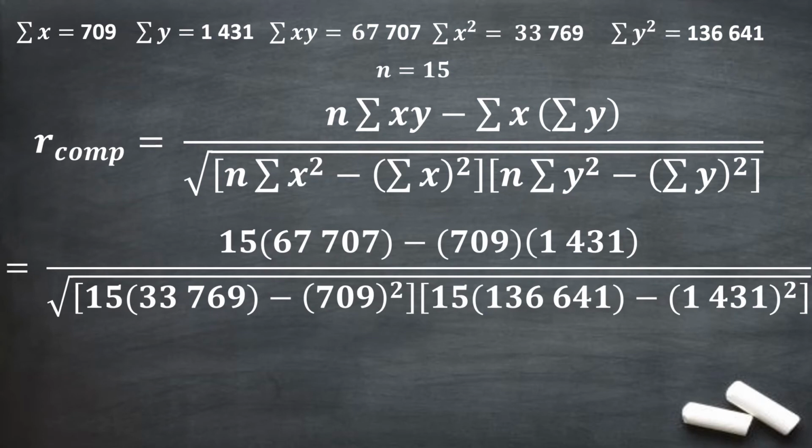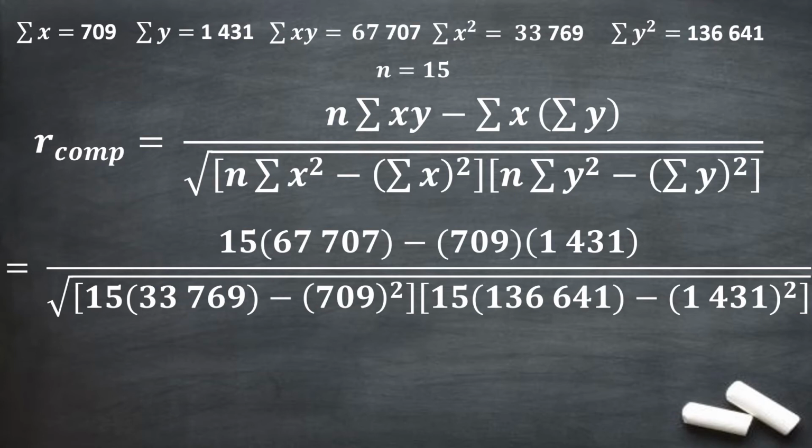Substituting the values, we will have 15 multiplied by 67,707 minus the product of 709 and 1,431 all over the square root of the product of 15,000 multiplied by 33,769 minus 709 squared and 15,000 multiplied by 136,641 minus 1,431 squared.